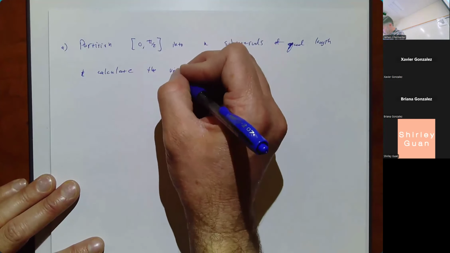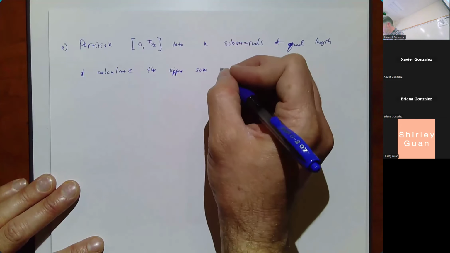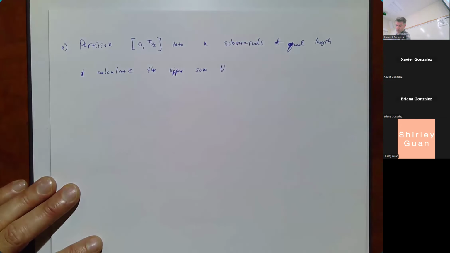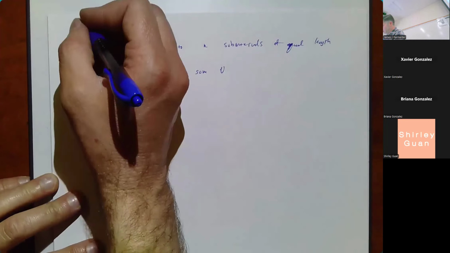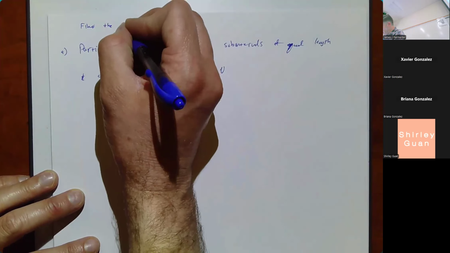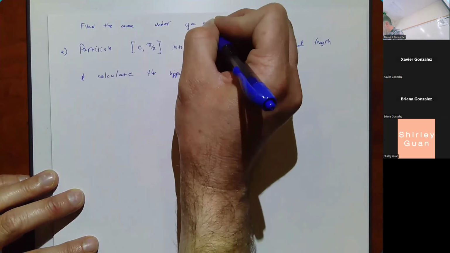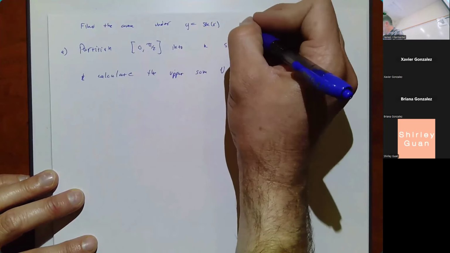Sorry, I missed a few words there. I apologize. We're trying to find the area under y equal to sine of x from x equals 0 to pi over 2.